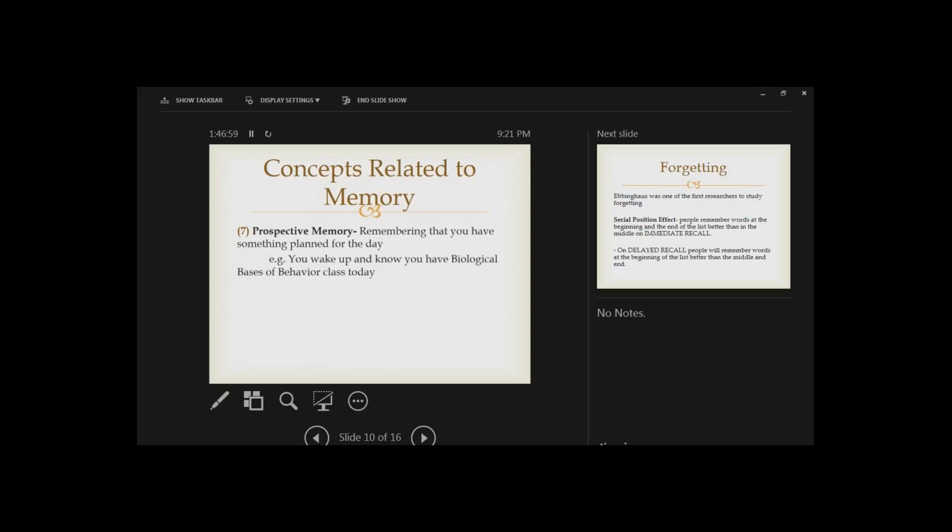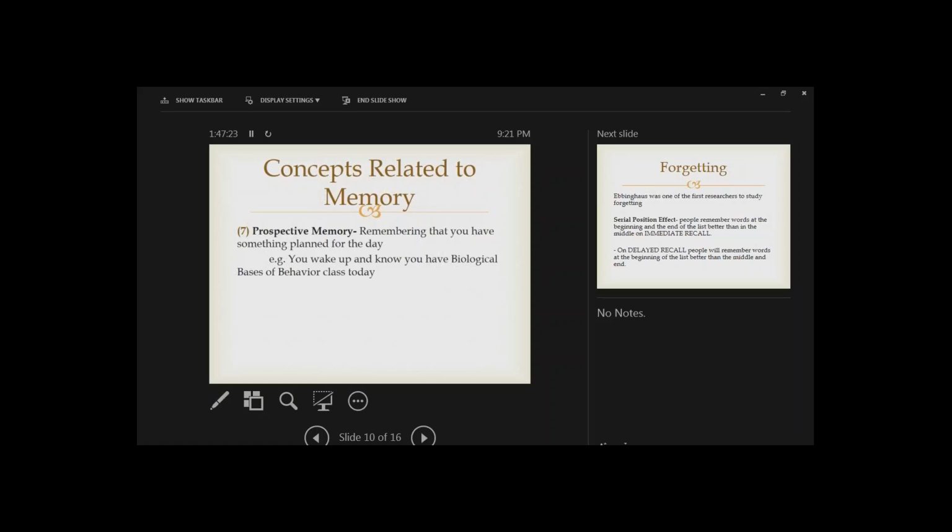Prospective memory. This is remembering that you have something planned for the day. So if you wake up in the morning and you're like, okay, I have to go to the doctor today, I have to go to work after that, I have a biobases test, whatever, that's your prospective memory. Prospective memory declines in aging.